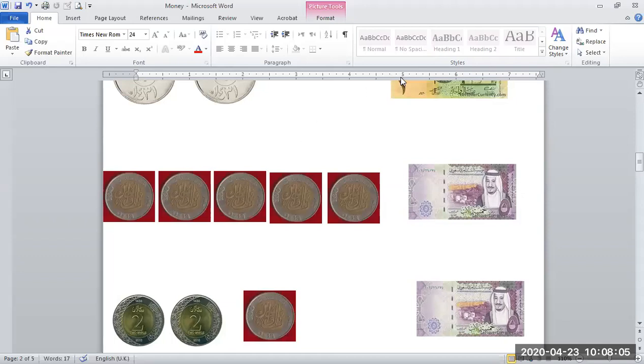For example, you use this paper money, this is 1 riyal paper money, you have five 1 riyal notes equal to a note of 5 riyal. It doesn't matter, I give you only one example. And here this is a coin of 2 riyal, and this is a coin of 2 riyal. 2 plus 2 is 4, 4 plus 1 is 5, equal to 5 riyal. And instead of this coin you can use this riyal, it doesn't matter, it's okay.